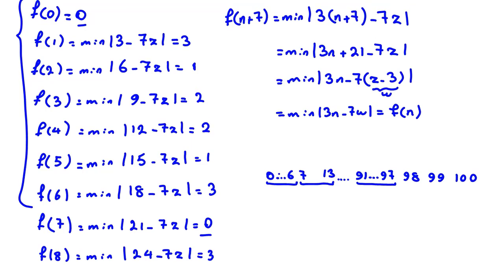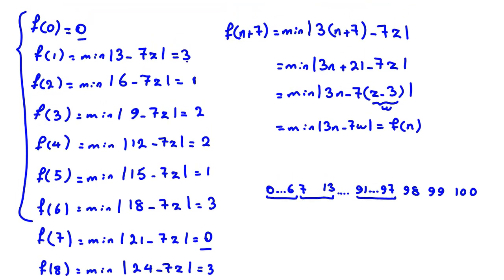The sum of each of these 7 parts will be 0 plus 3, 3 plus 1, 4, 6, 8, 9, 12. So the sum of these f's equals 12, so it will be 12 times 98 over 7, plus the f of 98, which is 0, then 3, 1.